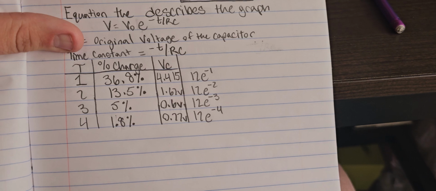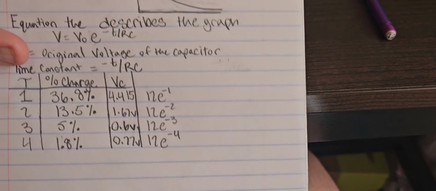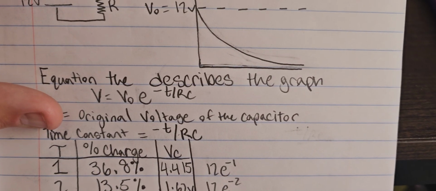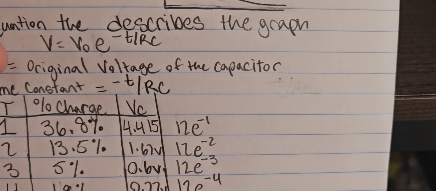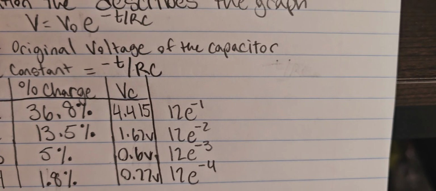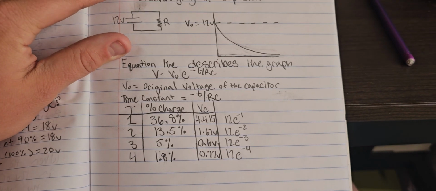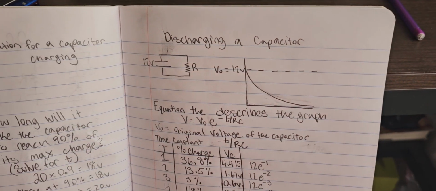And that's when you plug into this equation: the 12 is the V naught, and then the time constant is when negative t over RC equals -1, -2, -3, -4. Thank you for watching this video on RC circuits.